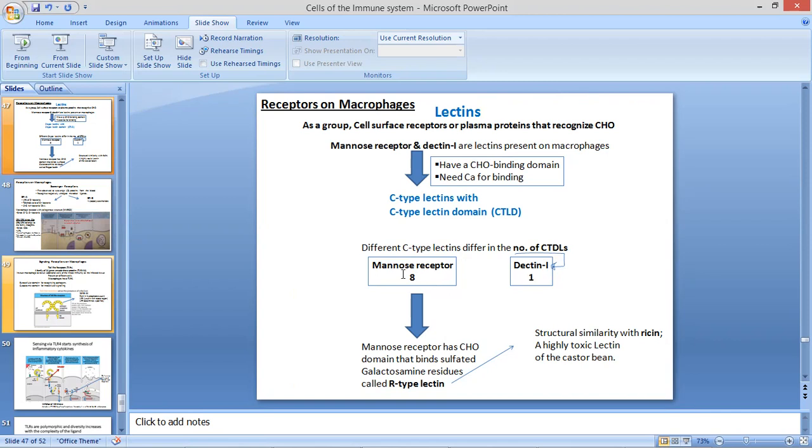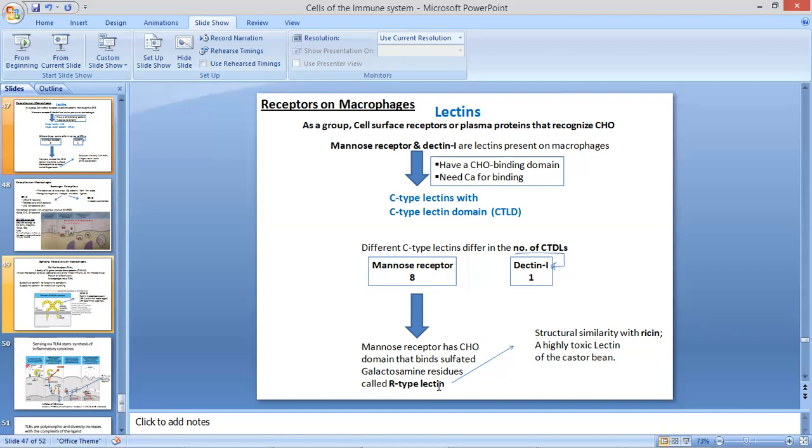In mannose receptor, not only is this the domain for binding carbohydrate, there is another carbohydrate domain that binds sulfated galactosamine residues, called the R-type lectin. There is another domain, R-type lectin.